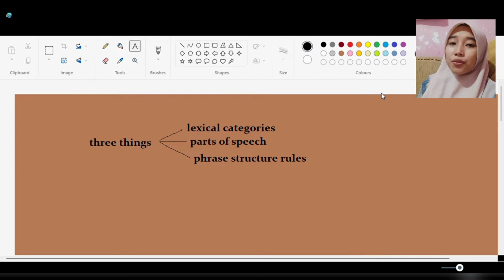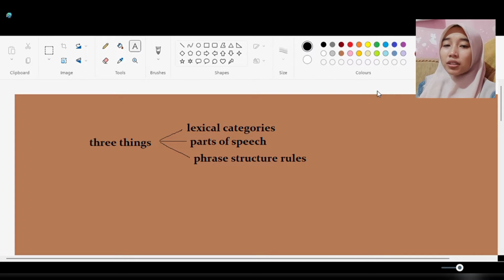Alright, so first let's talk about lexical categories, which is really just a fancy way of saying parts of speech. But get in the habit of saying lexical, I think it makes a little bit more sense than parts of speech, which is a phrase you probably remember from English class.